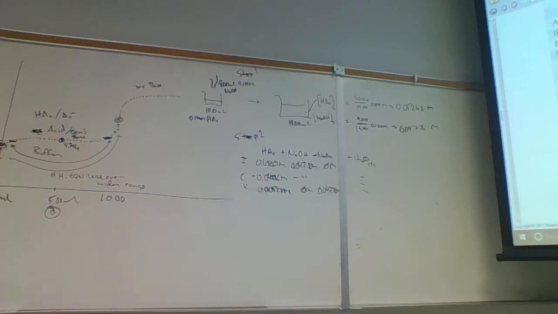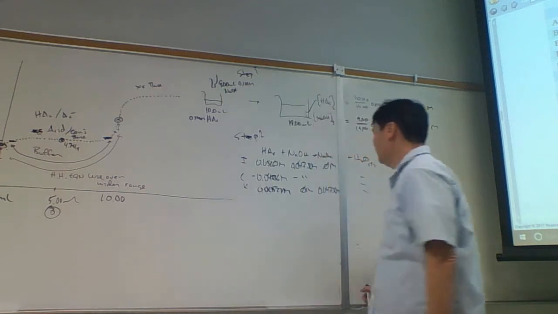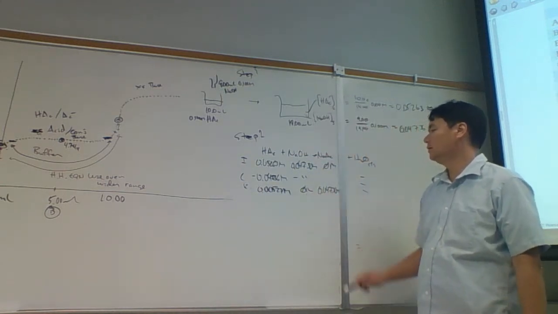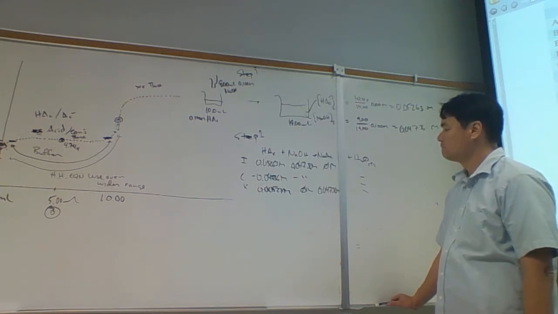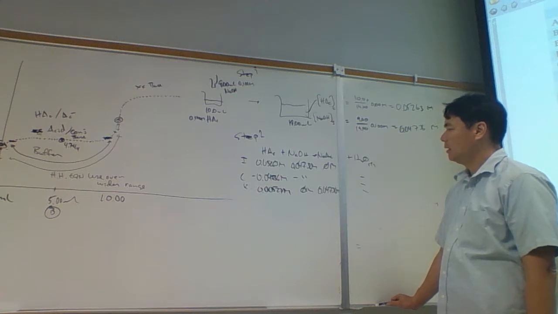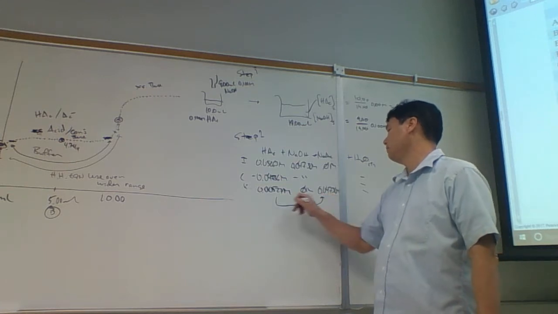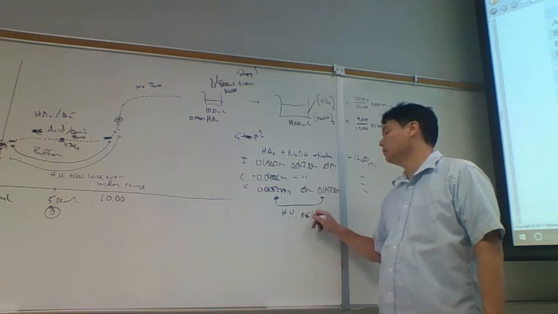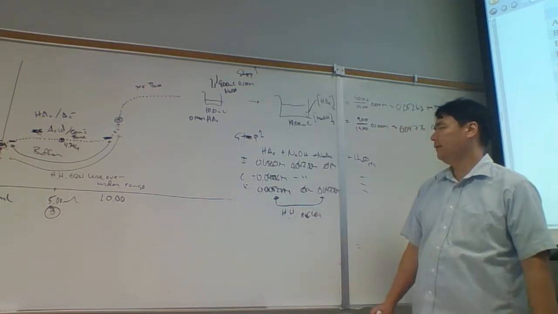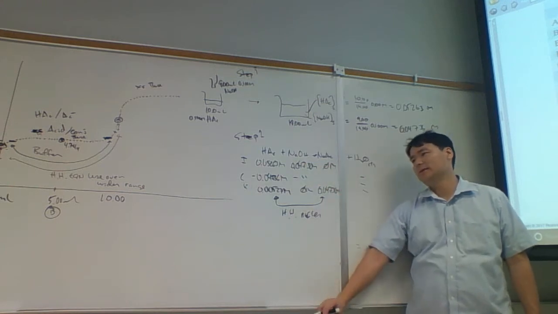Now, looking at this, you should recognize this as an HH buffer. Even if we took the strongest acid plus the strongest base as acetic acid plus sodium acetate, it's going to yield the same thing.